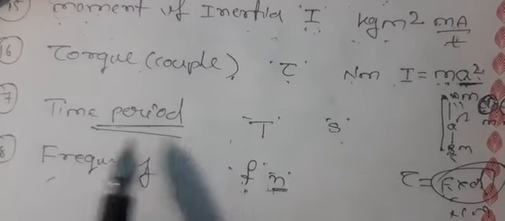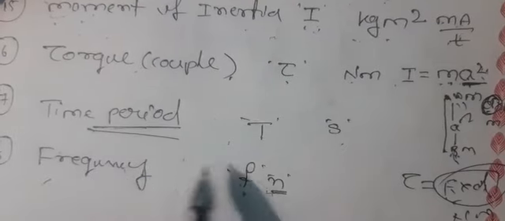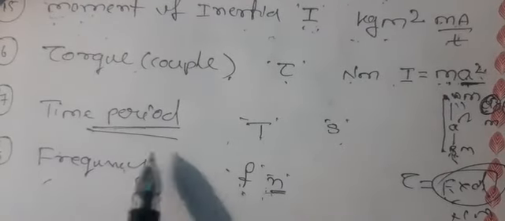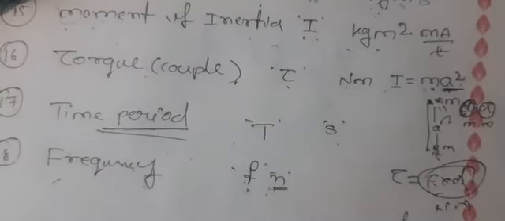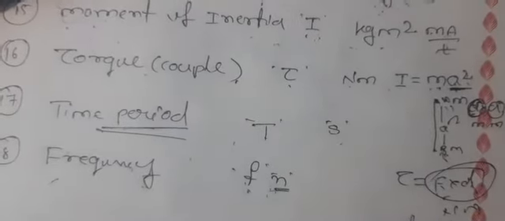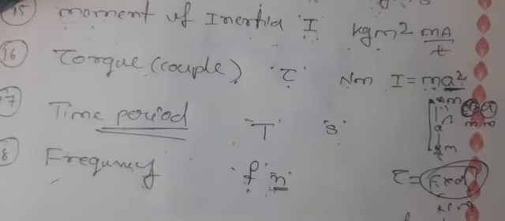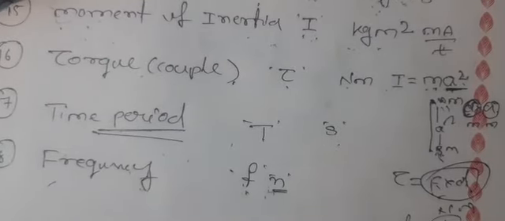The formula is F is equal to the reciprocal of the time period.